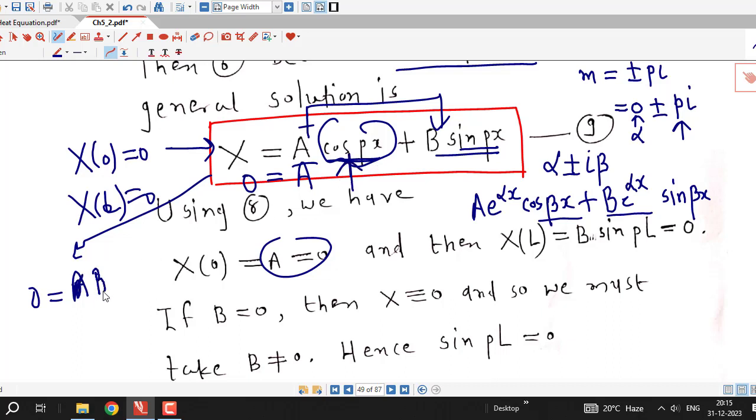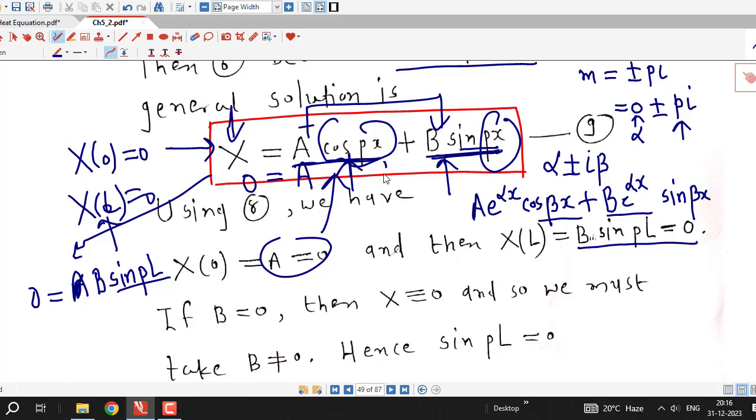I will have B times sin pL. Here I have to write x equal to L and capital X equal to 0, and here A is 0, so I have only capital X equal to B sin px, in which I am taking small x equal to L, so that I have B sin pL, and capital X is 0 when small x is L. Therefore we have B times sin pL equal to 0.